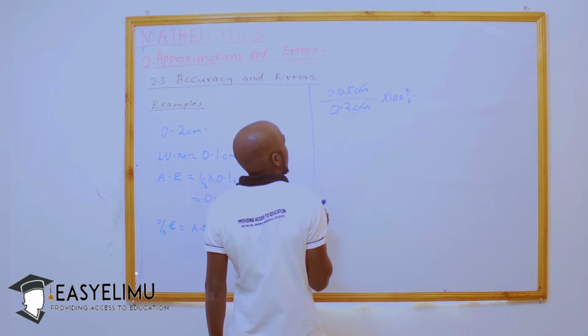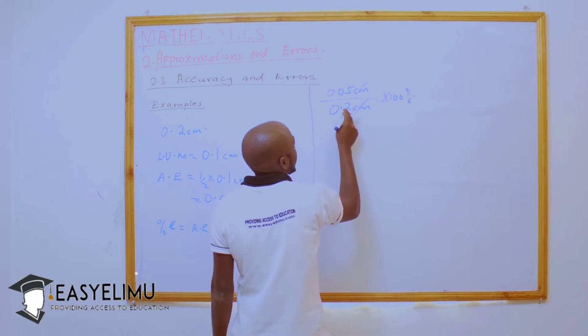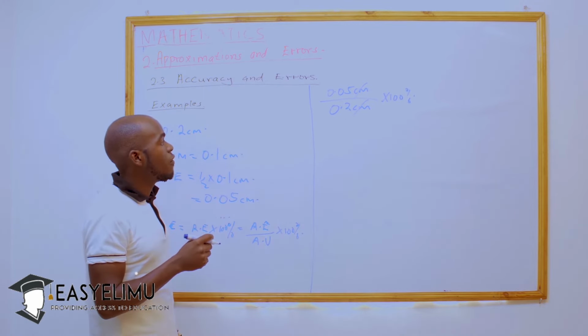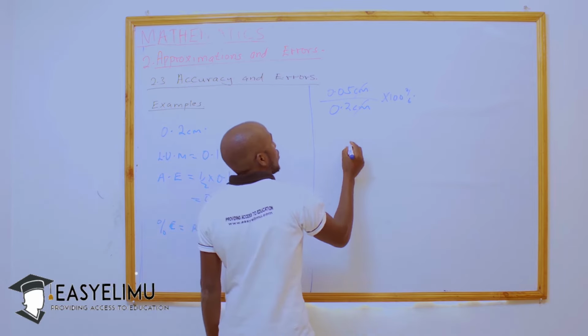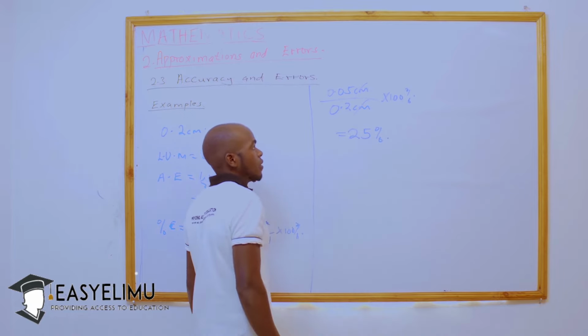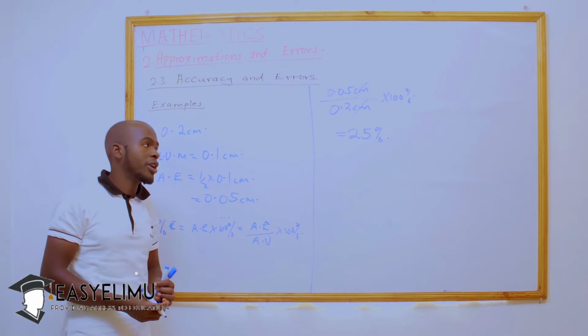So centimeters will cancel, and you will have 0.5 over 2, which is 25%.